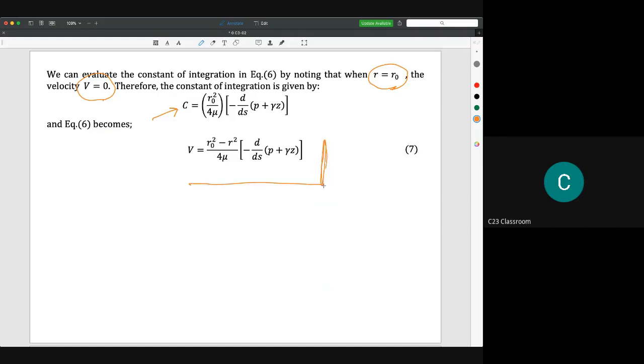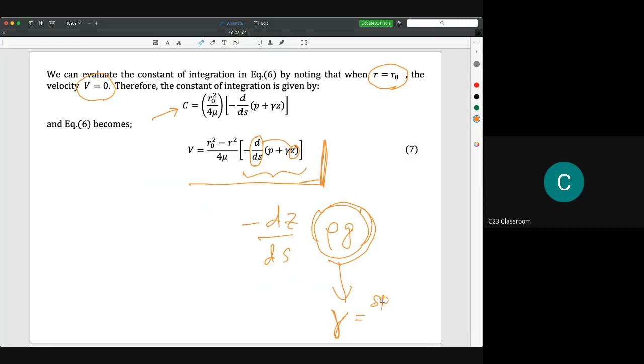Again, the ds here only acts for z. If you expand this term, it will become negative ds for rho and g, because this rho and g can be simplified as gamma. Gamma is also called the specific weight.